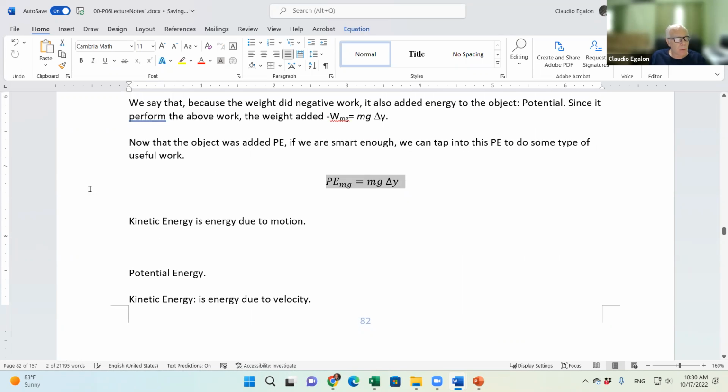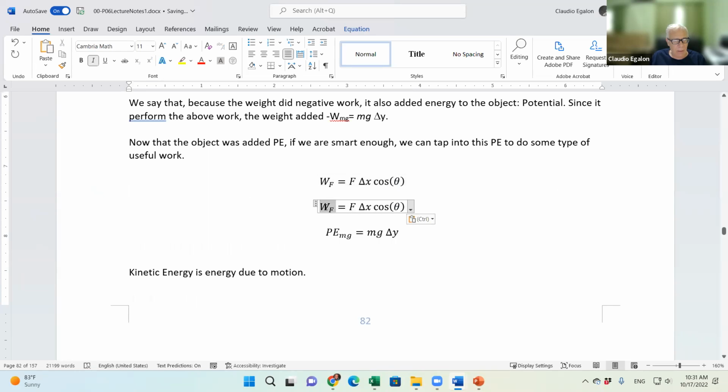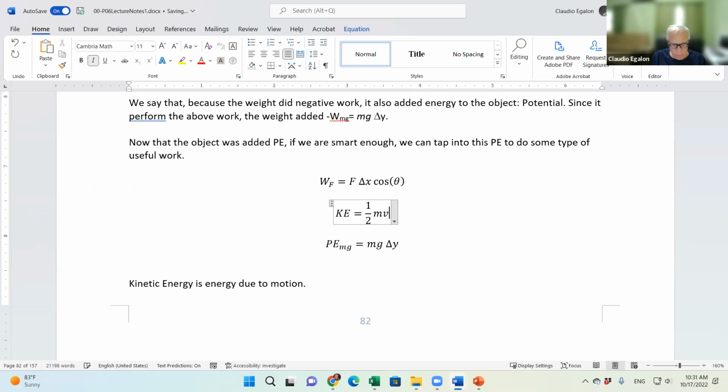So now we have three different equations, three different definitions. The work done by a force, which is F delta x cosine of theta. Then kinetic energy, half mv squared. And now potential energy due to the weight is mg delta y.